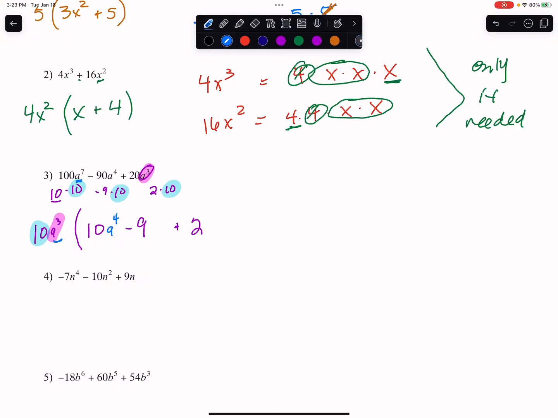If we had 4 right here, but we took out 3, that means we have 1 left right there. You don't have to put the 1. And if we had 3, but we took all 3 out, there's none left. So my final answer is going to be 10a cubed. Then this is going to be 10a to the 4th minus 9a plus 2.